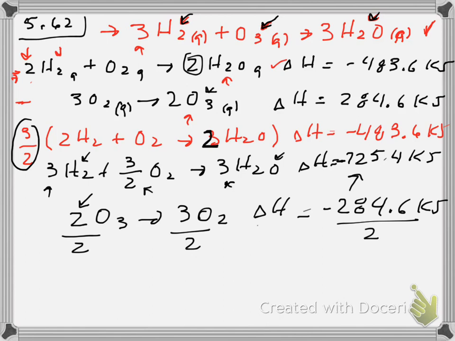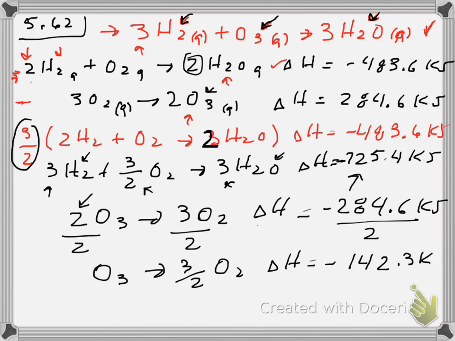So if I do that, I get O3 goes to 3 halves O2, delta H equals negative 142, let me fix that, 142.3 kilojoules.